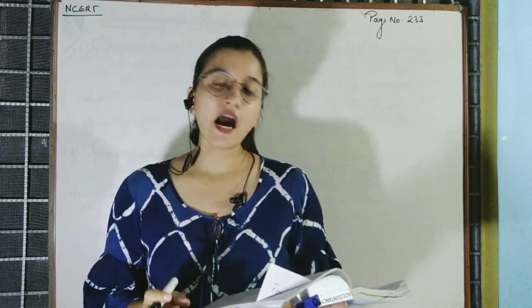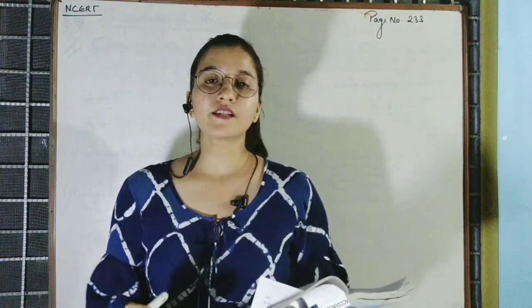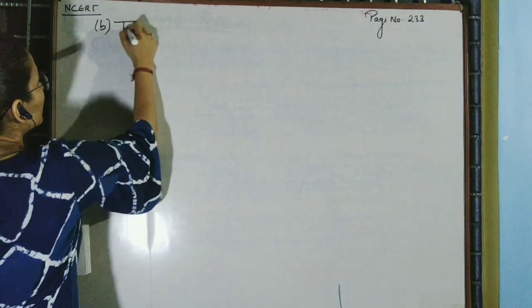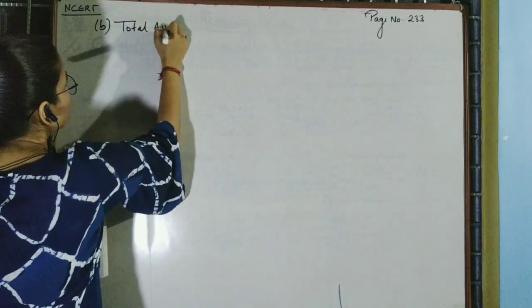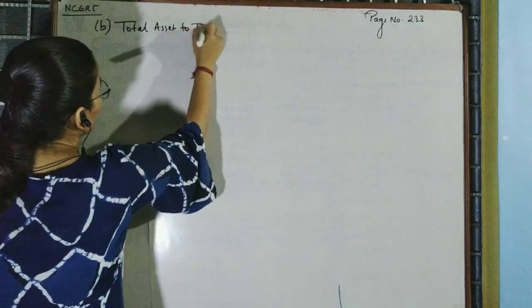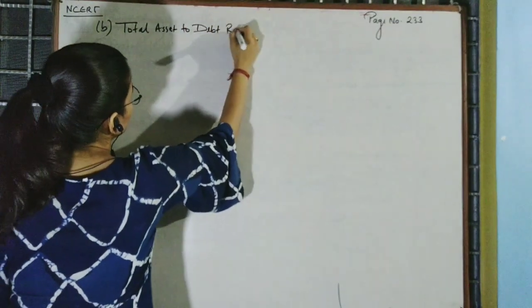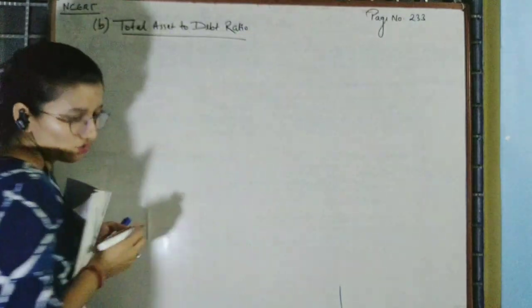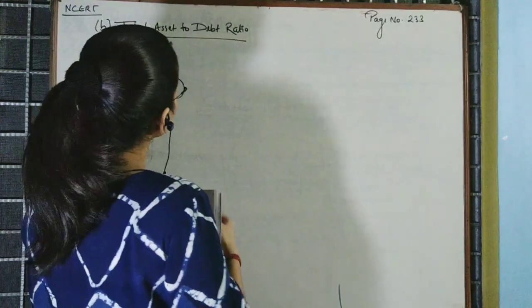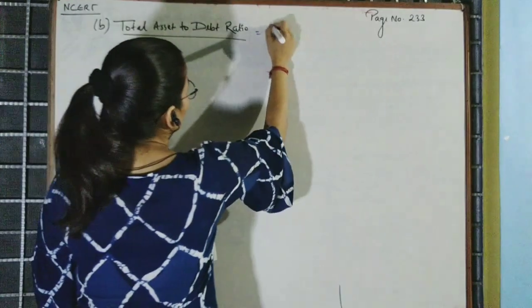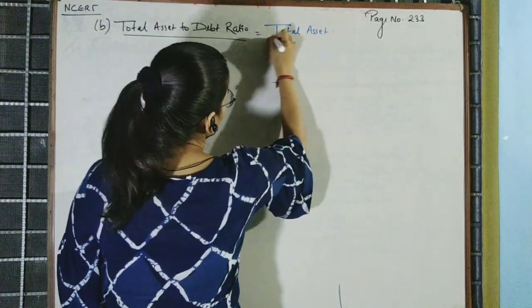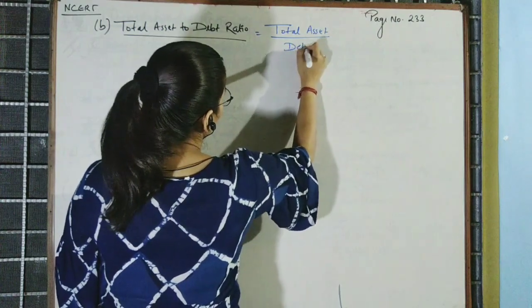Now, second we have to solve total asset to debt ratio. And we know that formula for calculating total asset to debt ratio is total asset divided by debt.